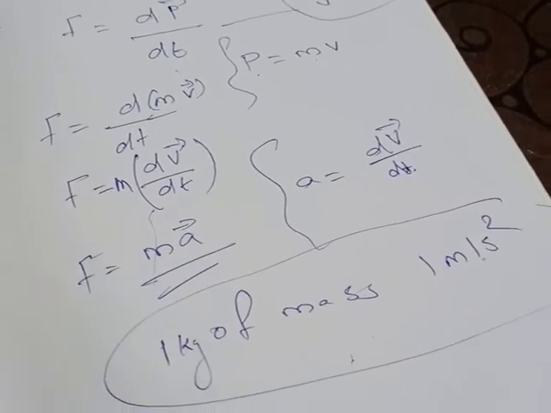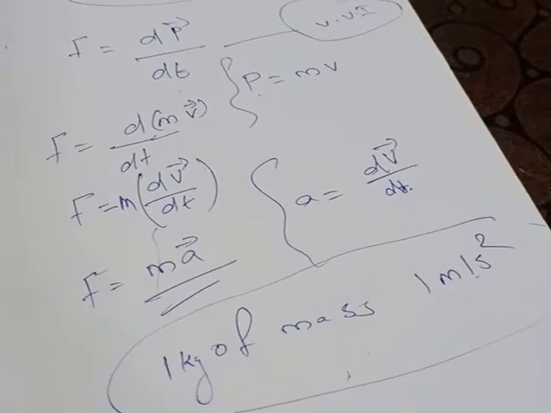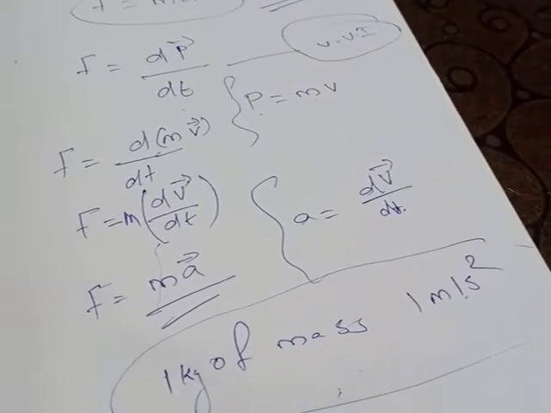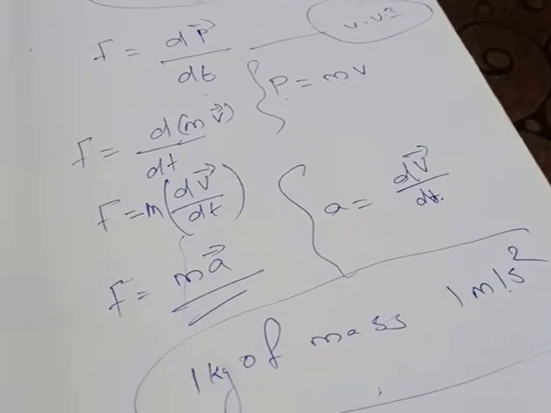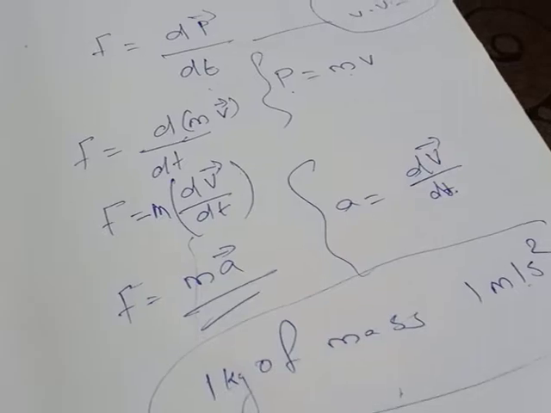Now this 1 kilogram book moves with an acceleration of 1 meter per second square because of the force you applied. That is what we call 1 Newton.